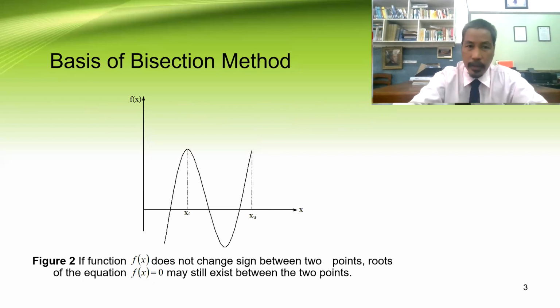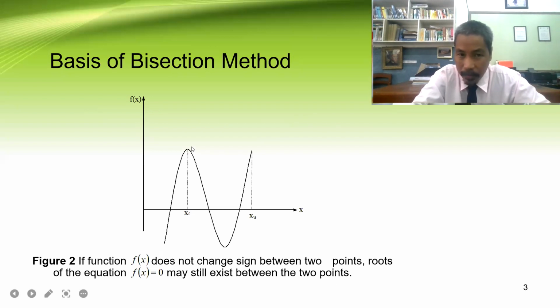Let us continue. There is now another type of function. In this figure, if the function f(x) does not change sign between two points, roots of the equation f(x) may still exist between the two points. As you can see, f(x_l) is positive because it is from 0 going up, a positive amount.